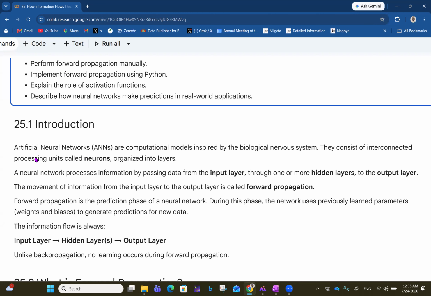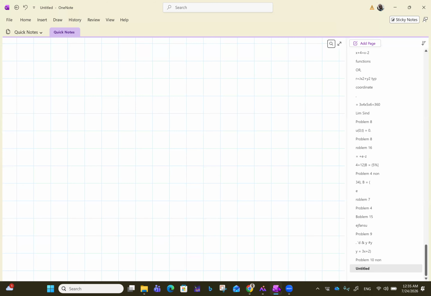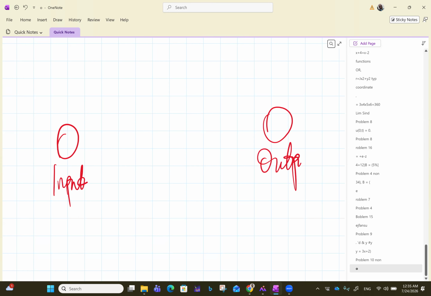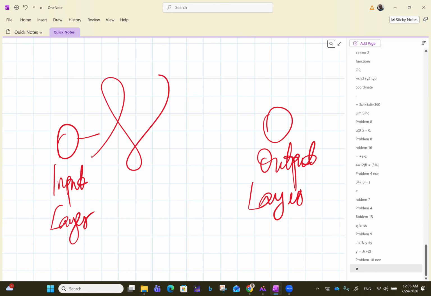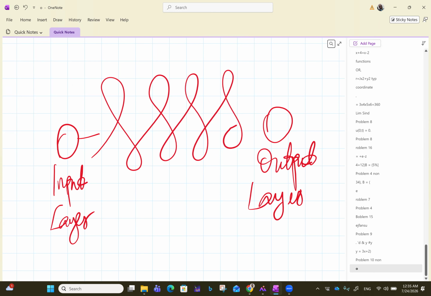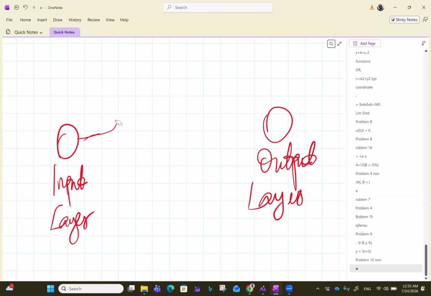So, to demonstrate that, you have an input layer right here, and then you have an output layer. But in between, you have several connections that lead to this output right here.